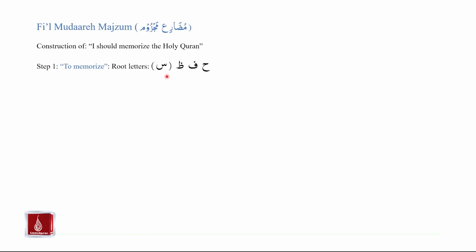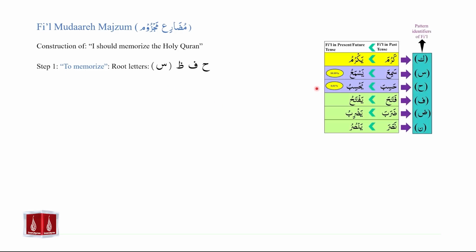The pattern identifier will be seen. And if we recall this table, for the pattern identifier seen, fi'il mazi will be on the pattern of sami'a, and fi'il mudari will be on the pattern of yasma'u. And this is applicable 99.99% of the time. So we come up with the result of hafiza yahfazu.